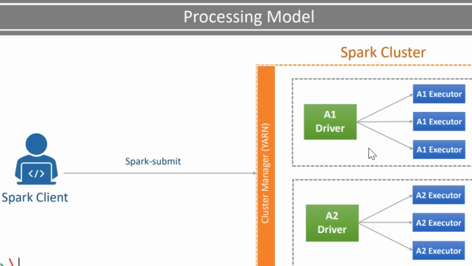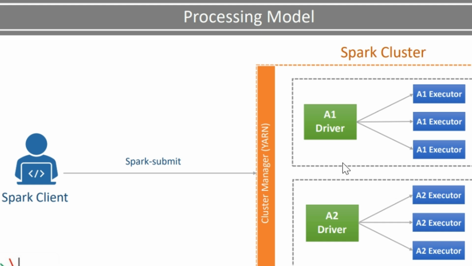The Spark engine will request the cluster manager to give a container and start the driver process for the A2 driver. Once the A2 driver is started, this driver will ask for more containers from the cluster manager and start the slave executors. This is how it all works.